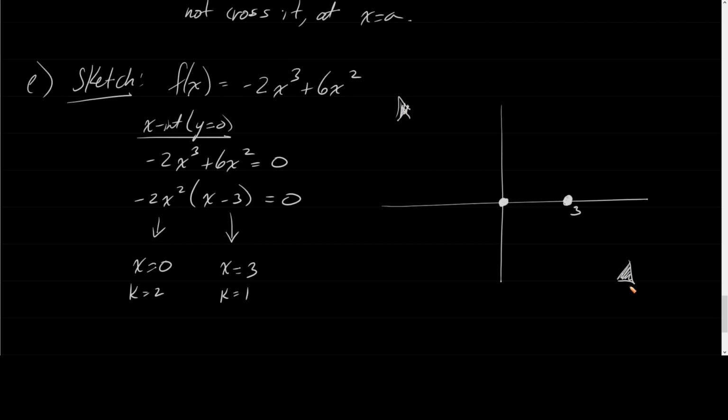Let's figure out what this looks like. Something like this. At 0, remember, it's even multiplicity, so it needs to bounce. It needs to start up here, bounce, and then it needs to cross at 3. This needs to end down here. All right, and there we go.